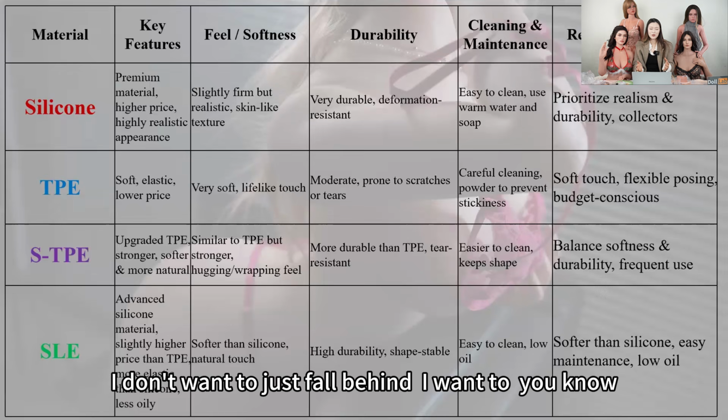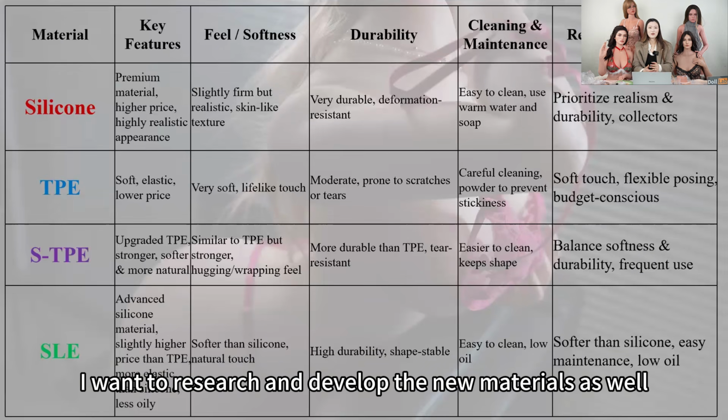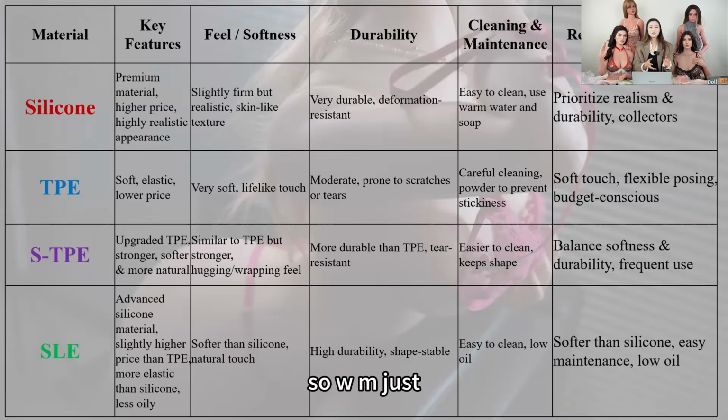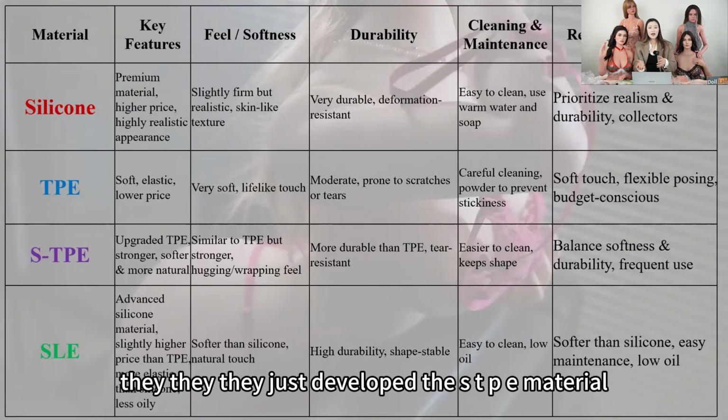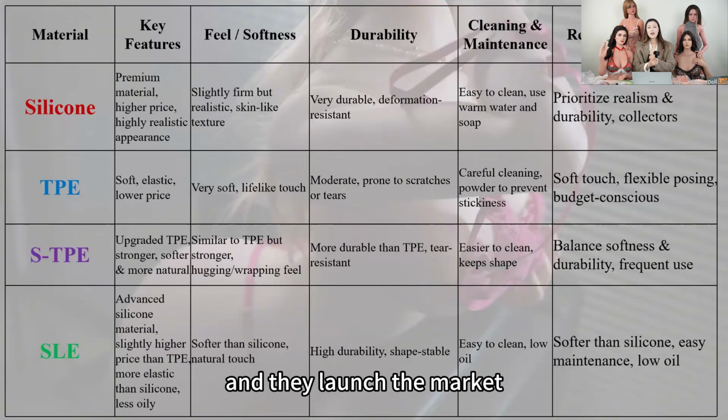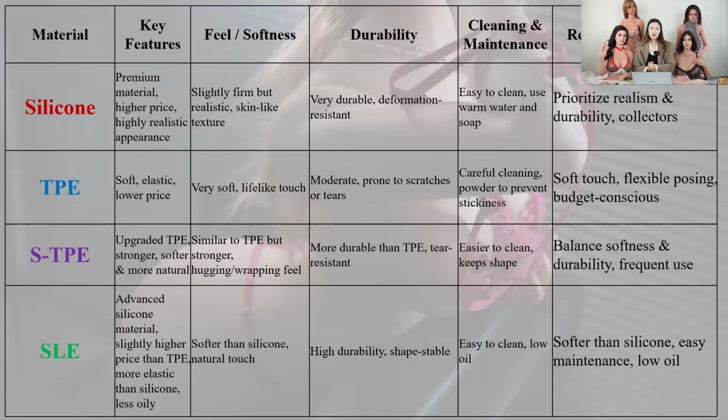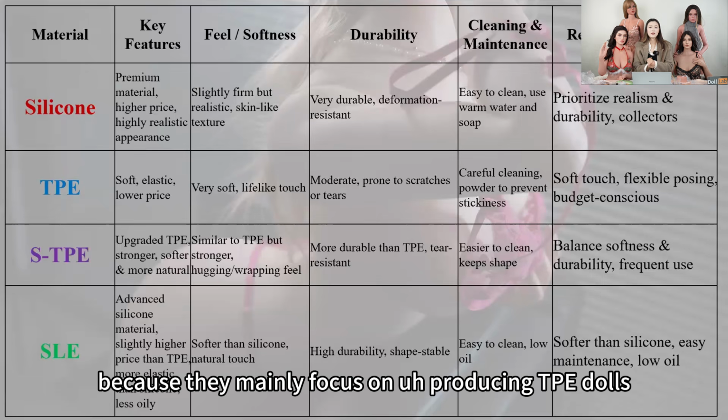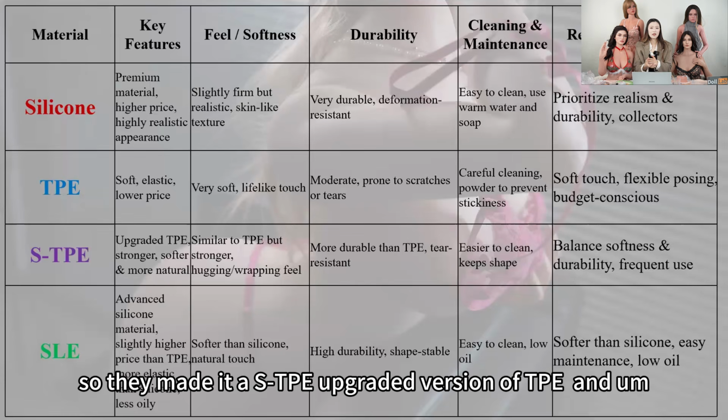I want to research and develop new materials as well. So WM developed the STPE material and launched it in the market, because they mainly focus on producing TPE dolls. So they made STPE, an upgraded version of TPE.